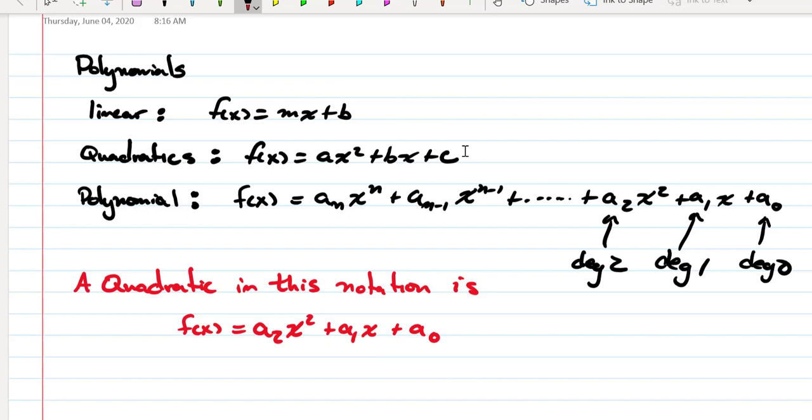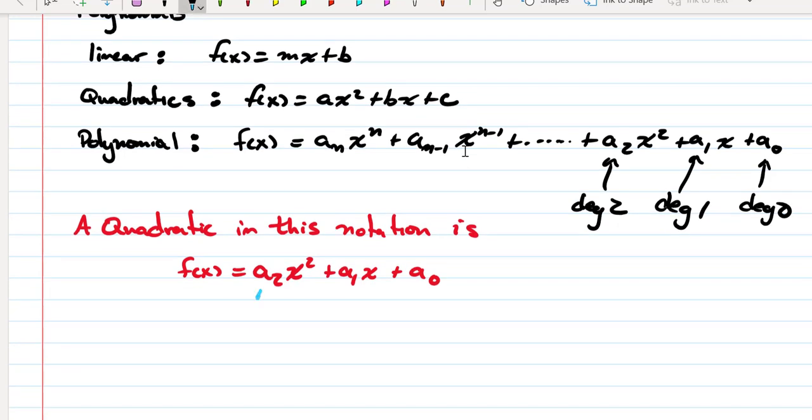So writing it in this notation, we're basically saying when we look at this, if I want to know what the coefficient on the x squared is, what's the name of my coefficient? A sub 2, where the degree is the same as the subscript on the coefficient.